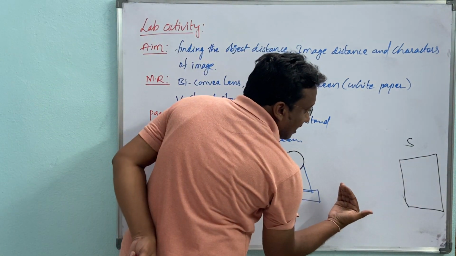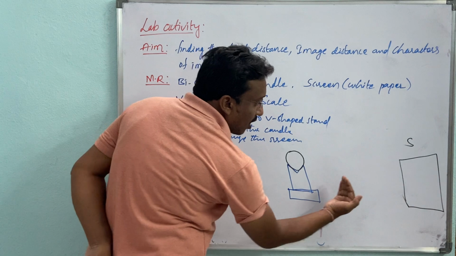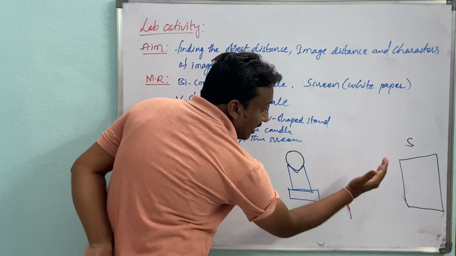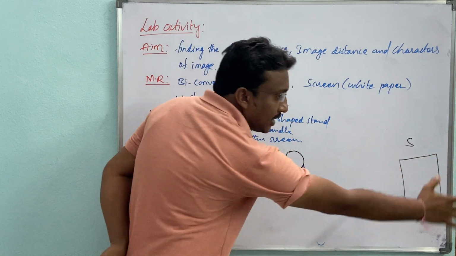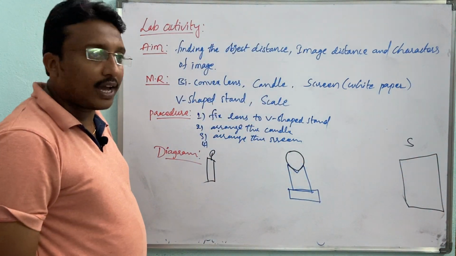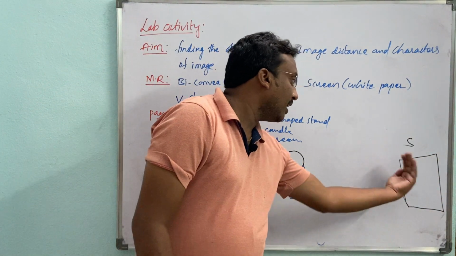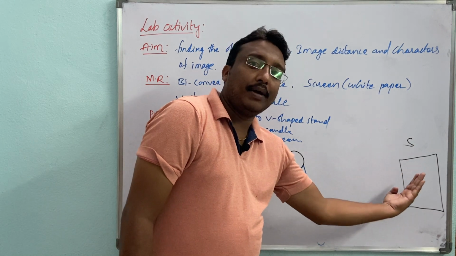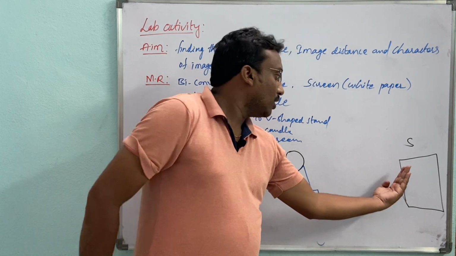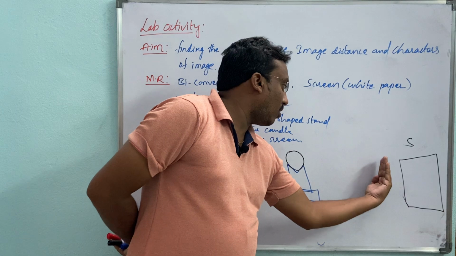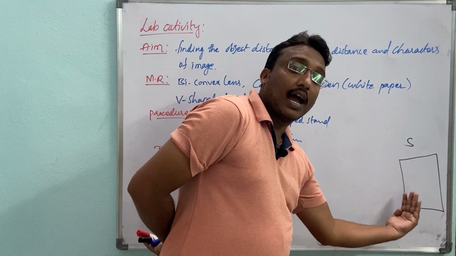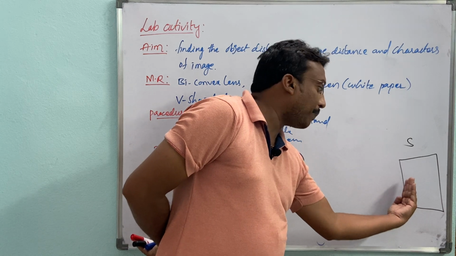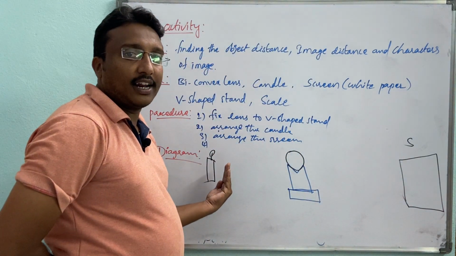And the fourth one, bring the screen forward or backward until you get the sharp image of the object. When we keep it directly there, we may get the image or not, right? So that's why we have to bring it a little bit forward or backward, or a little bit upward or downward, until we get a sharp image of the object.